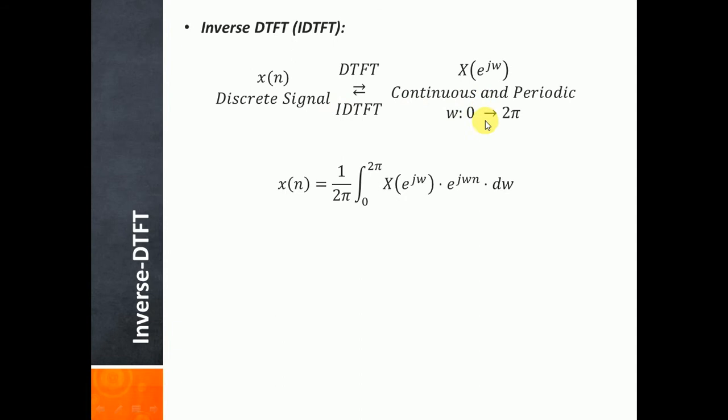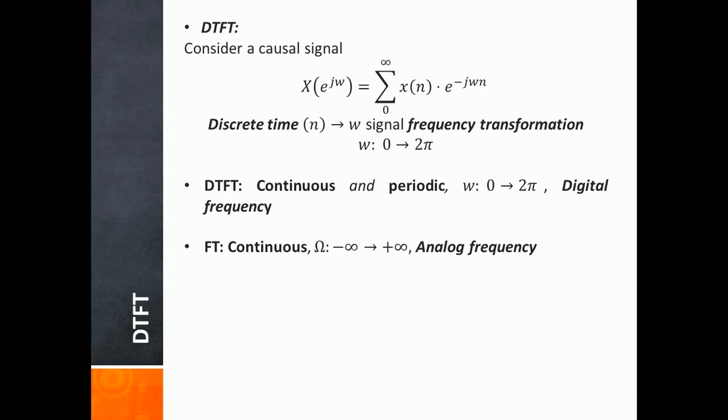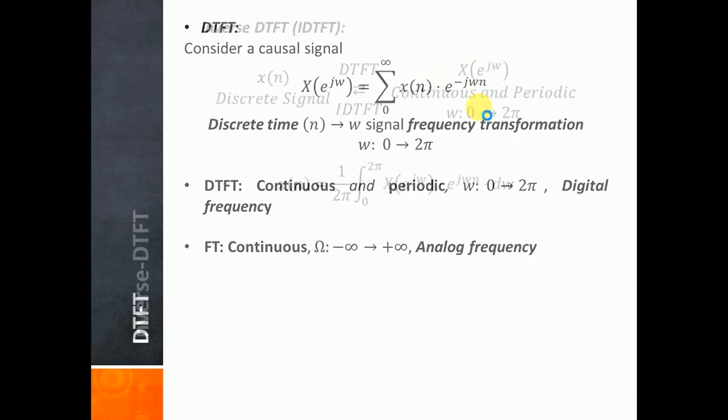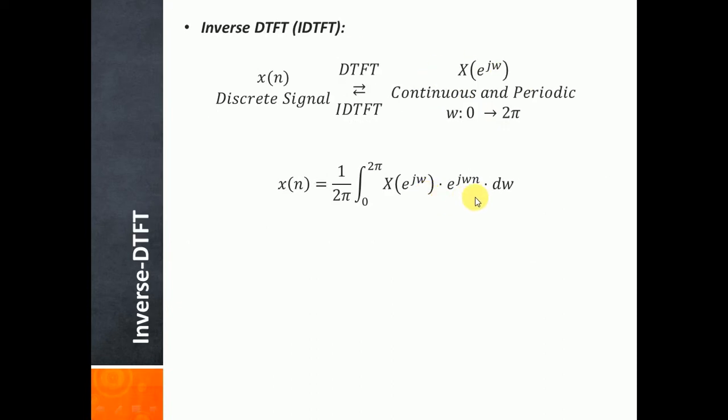Secondly, this is a periodic waveform, so you're taking it over one period from 0 to 2 pi and dividing it by that very time period. The other obvious thing is, this is e raised to the power plus j omega n. Over here you notice this is e raised to the power minus j omega n. So this is your inverse discrete time Fourier transform. Obviously the integration is with respect to omega because you are integrating in the omega domain, or the frequency domain.